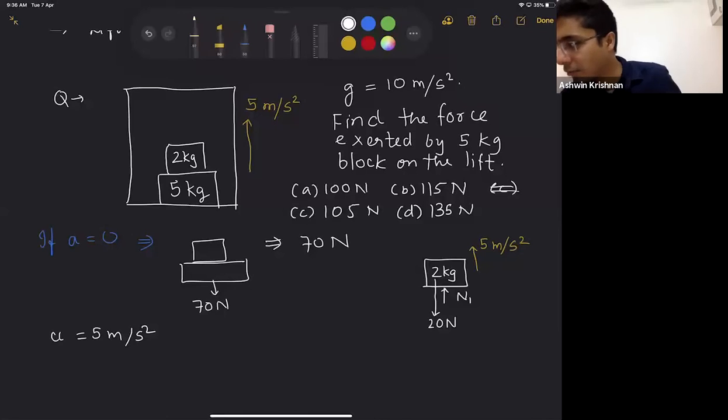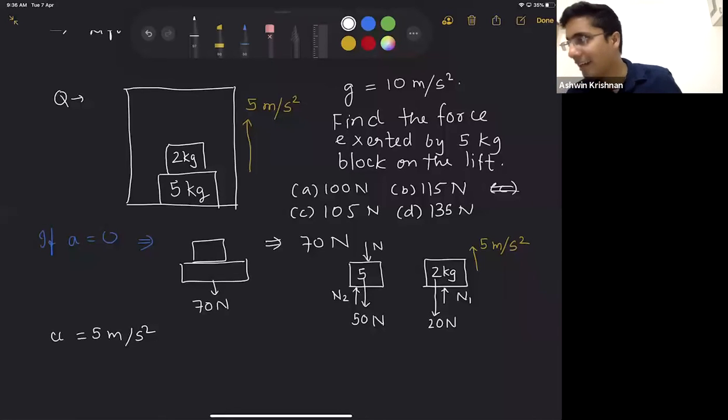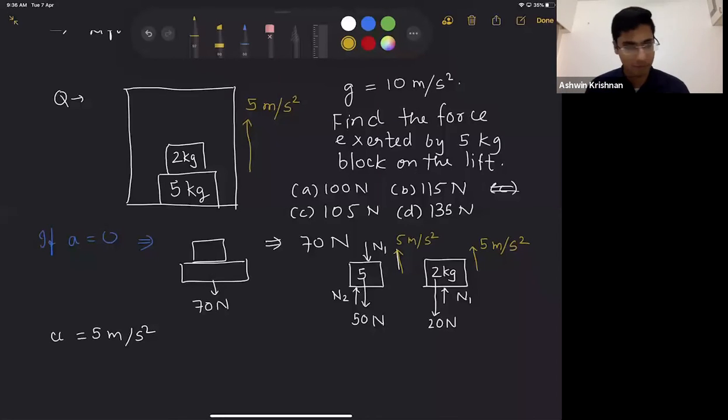Let's consider the second body, 5 kg. It has a weight of 50 Newton. It will have two forces, one is N2, and it will also have N1 from the top, and it is also accelerating at 5 meters per second square. Okay, these are the free body diagrams.